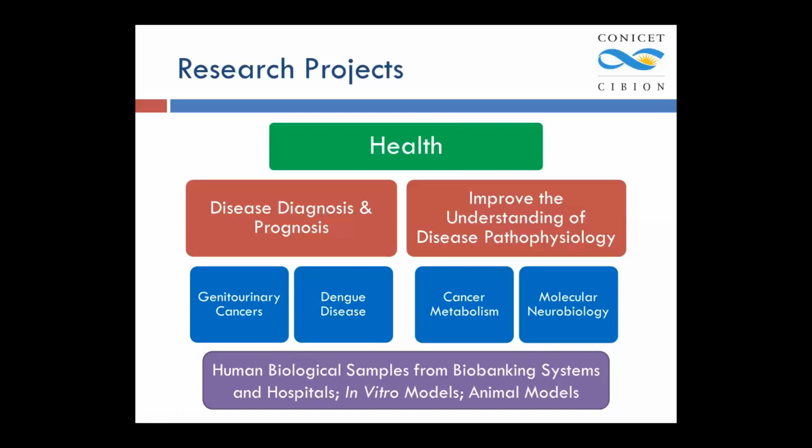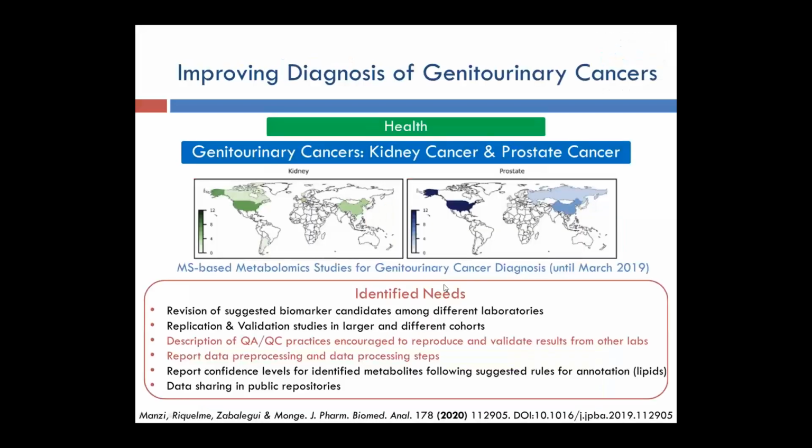So far, in the research group, we have interrogated human biological samples from biobanking systems and hospitals, as well as samples from in vitro models and animal models. As I mentioned before, most of the studies we have conducted so far are focused on improving diagnosis and understanding the disease pathophysiology of genitourinary cancers, in particular in kidney cancer and prostate cancer.